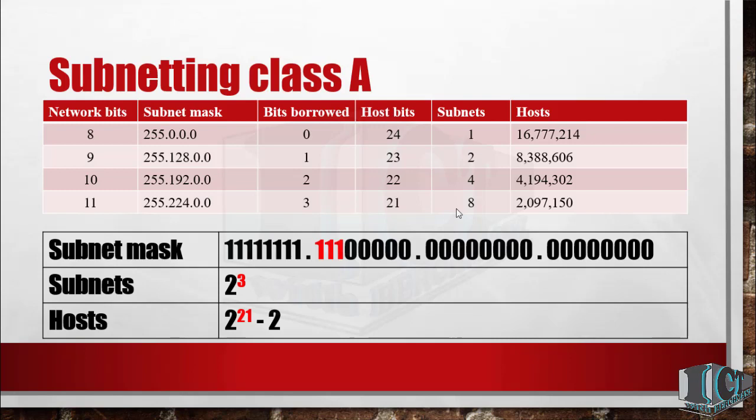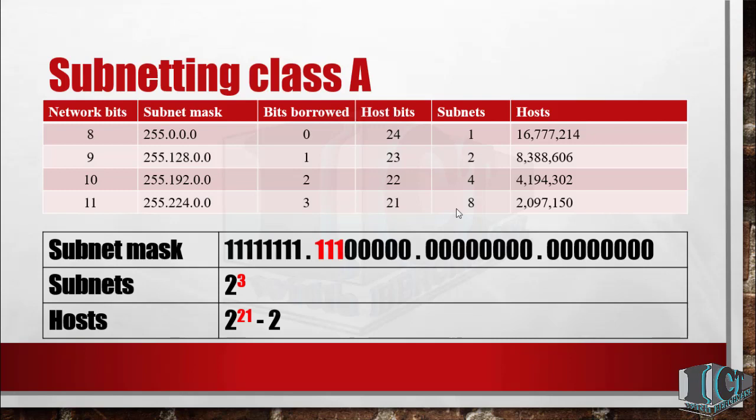Then the bits borrowed become 3, host bits 21, subnets created is 8, and the number of hosts created would be about 2 million. Like this, for class A, I can borrow the bits one by one from the host side and reduce the number of hosts until we get the value 2. So I can borrow them until I get a value of 2 for the number of hosts.